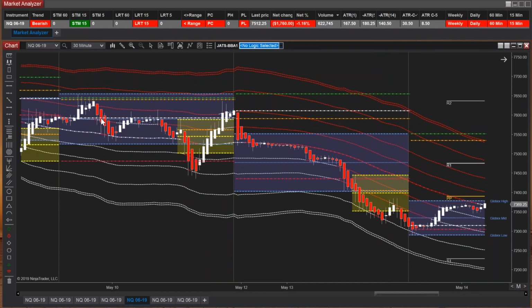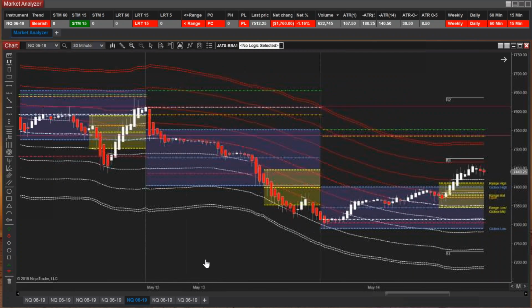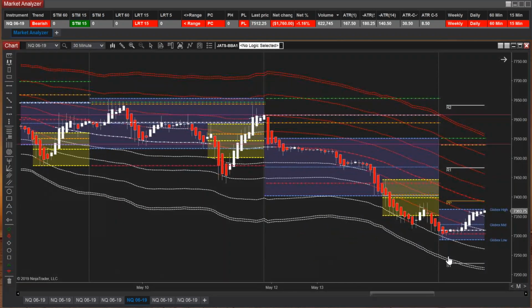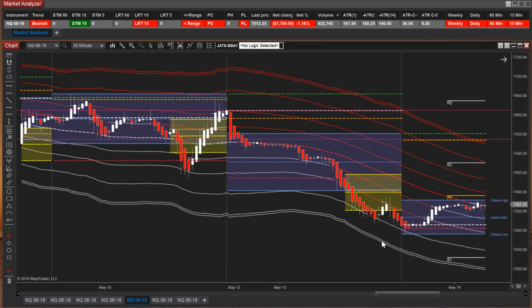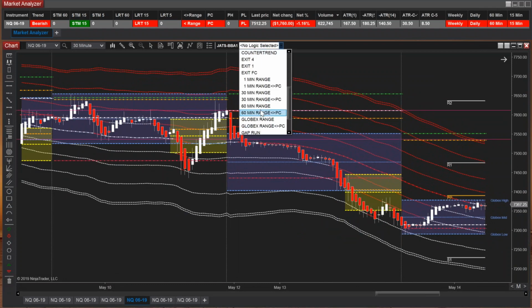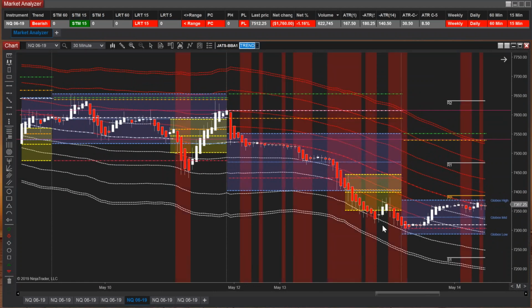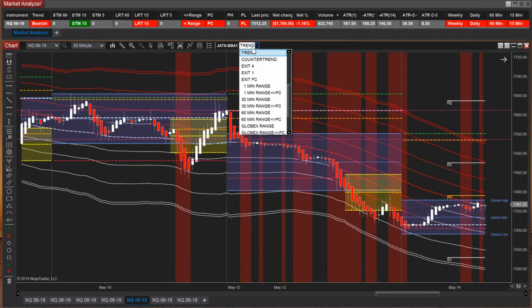Monday we gapped down, and so we came back to these gap levels several times. So price basically was frozen between the two pink lines up here. All week it contained price, so we traveled down. Here on Monday we could have just used a trend filter or a 1 minute range or a Globex range.